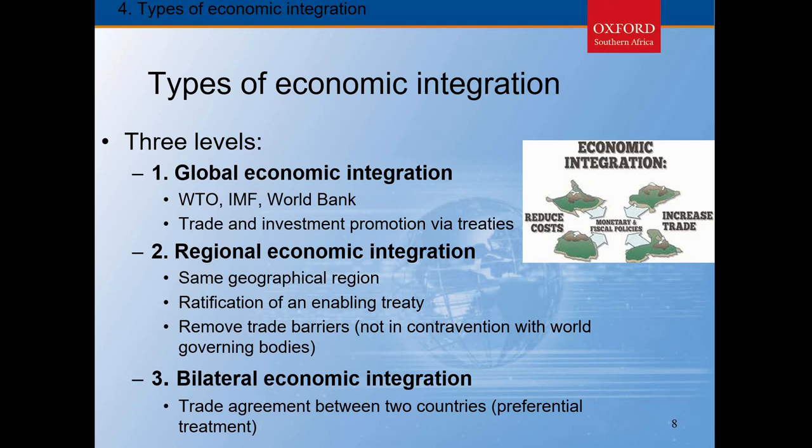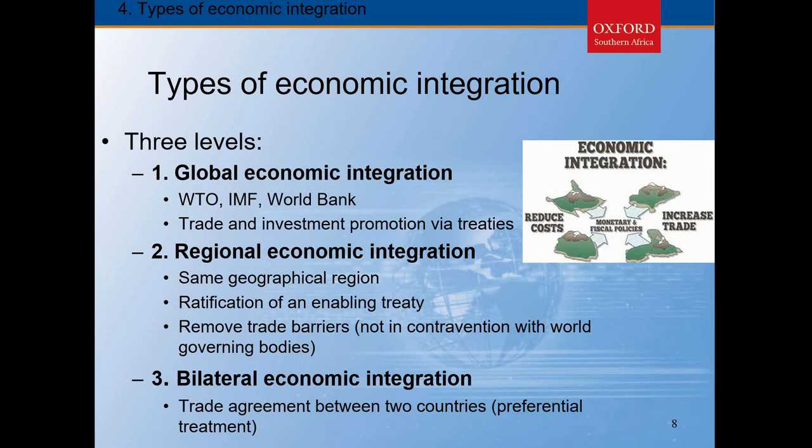Importantly, you have three levels of economic integration. On the lowest level, which is number 3, is bilateral economic integration, which is a trade agreement between two countries.